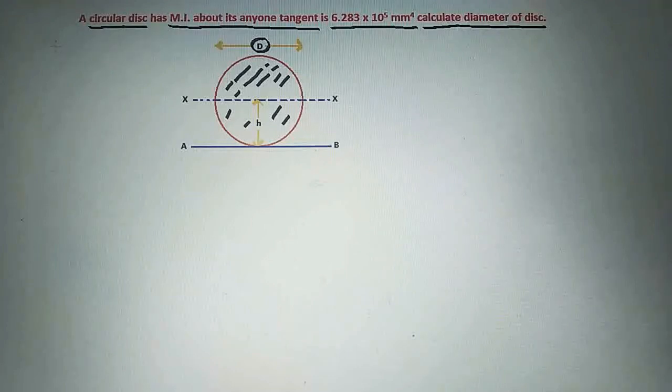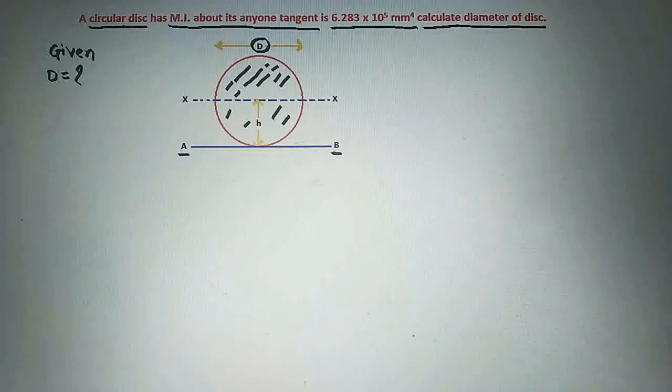So first of all we will write the given. We have to find out the diameter D. Next, a circular disc has a moment of inertia about any one tangent, and that tangent is AB here.